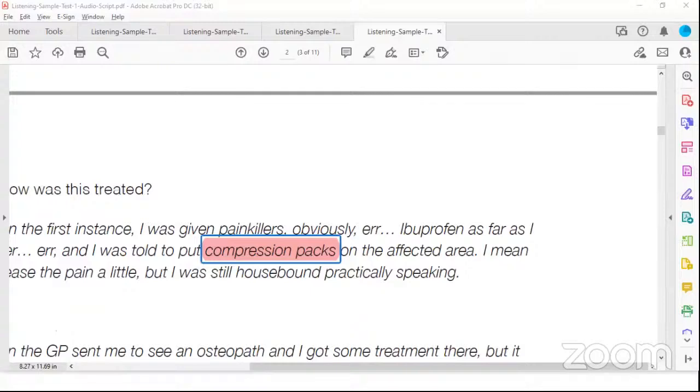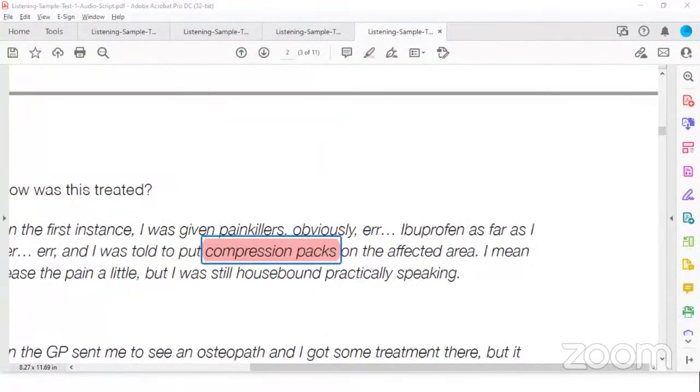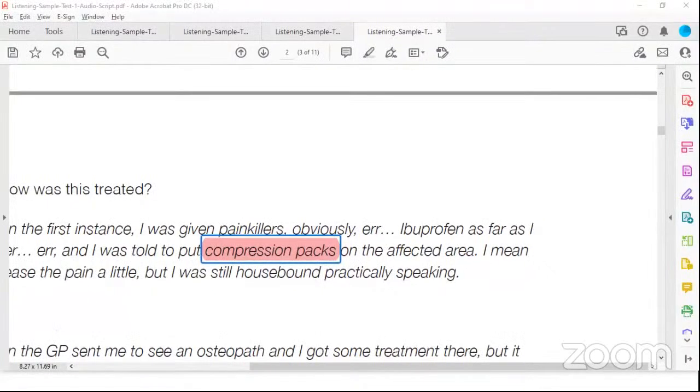First one is no A. A is missing. A is missing.